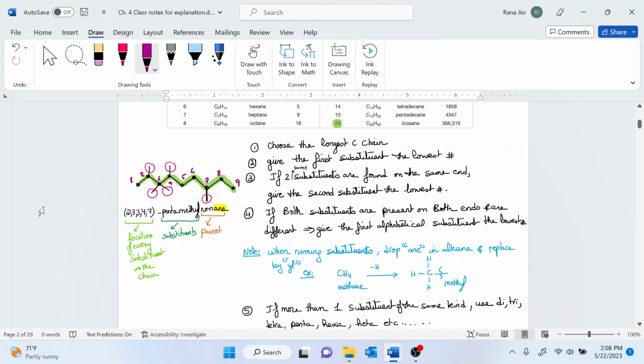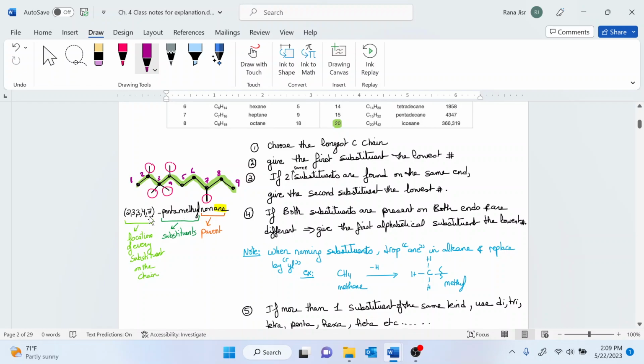So to name this alkane, see how many substituents I have. I have on the second carbon a CH3, a methyl. I have similar methyls on carbons number 3, number 4, and number 7. On 3, I have 2 methyls in there. Every substituent needs to have a number.